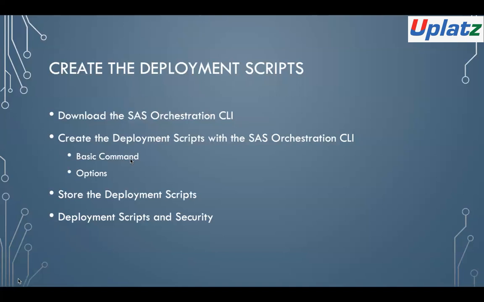If you're using Windows, you will use either the run command or command prompt, and you will go to the location where you have stored the sas-orchestration.exe file. You will select that file, and you will use a command called build with the input location, so that your CLI will create a zip file with the name SAS Viya deployment script.